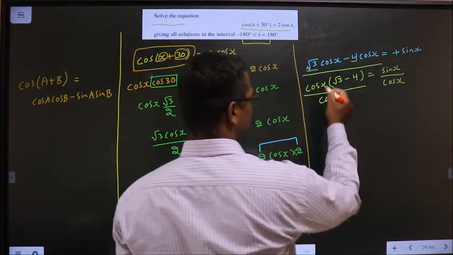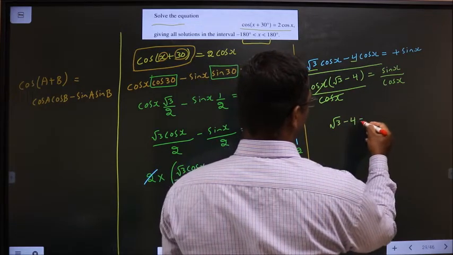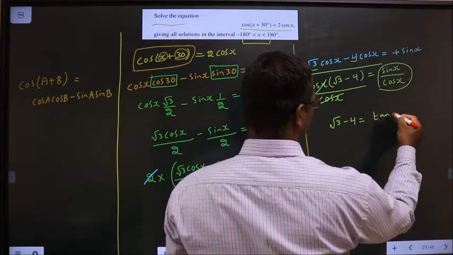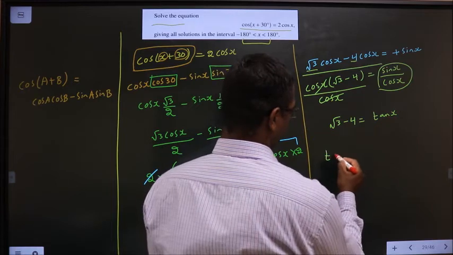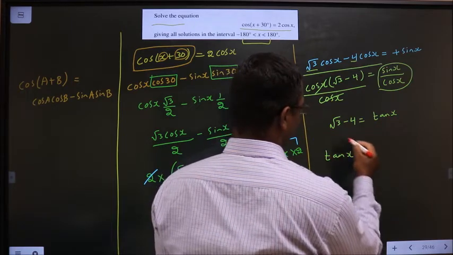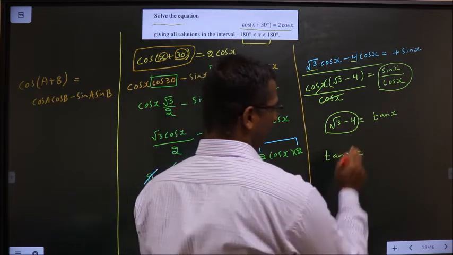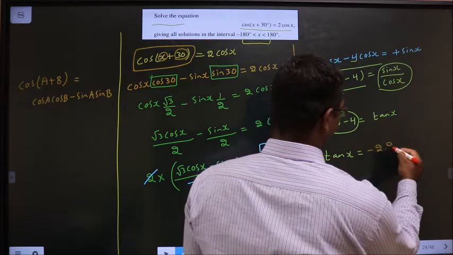When I divide, this cancels out and root 3 minus 4 equal to, in place of sin by cos I put tan x now. Okay. Now tan x equal to, if you put this in the calculator, you get the answer to be minus 2.27.